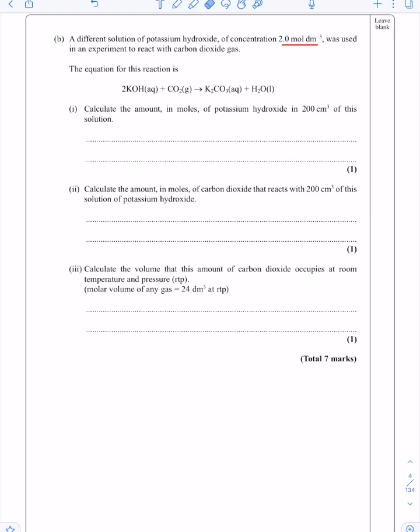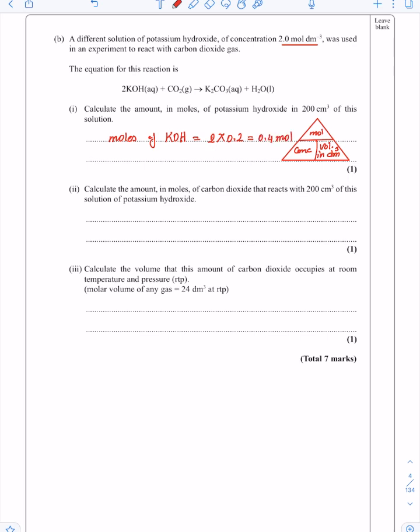Calculate the amount in moles of potassium hydroxide in 200 cubic centimeter. طيب احنا اتفقنا ان القانون بتاع الكونسنتريشن يقول ان الكونسنتريشن is equal to المولز over volume in cubic decimeter. يبقى انا لو عاوز اطلع المولز يبقى اعمل multiplying الكونسنتريشن اللي هو 2 times الفوليوم 200 over 1000 اللي هي 0.2 يبقى يدينا 0.4 مول.